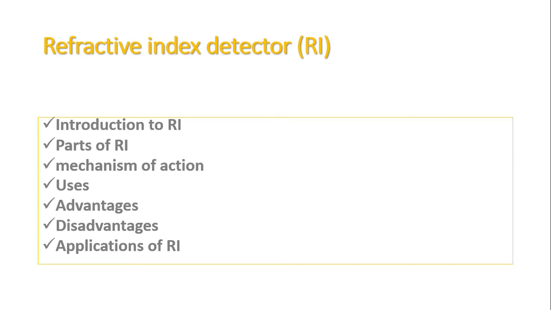My presentation will talk about the refractive index detector. First, I will make a simple introduction to RI. Then I will talk about the parts of RI, mechanism of action, uses, advantages, disadvantages, and some applications of RI, or where and why we use RI.